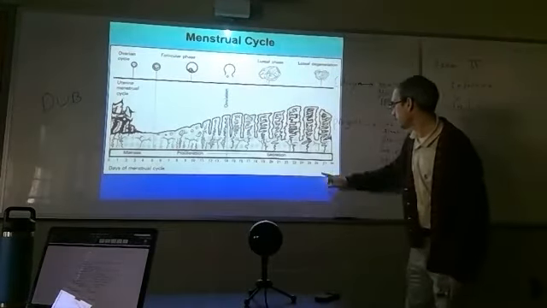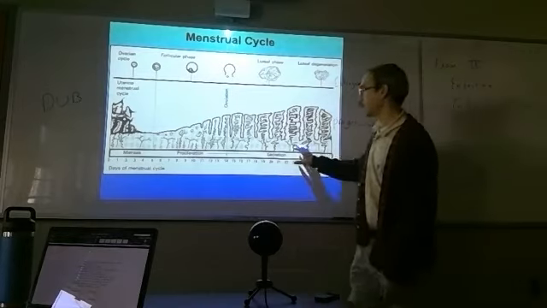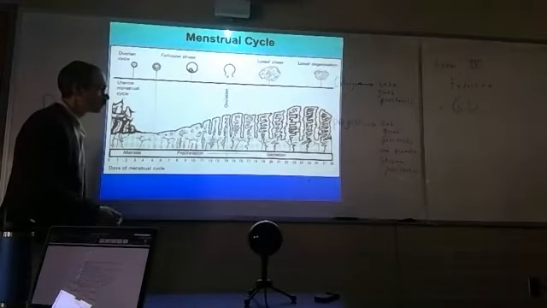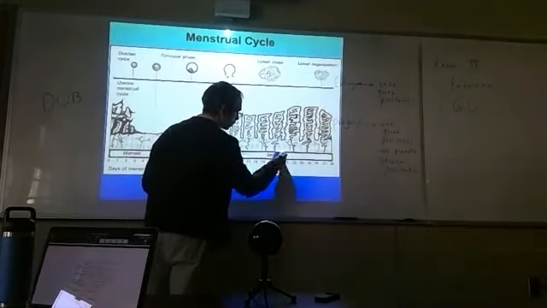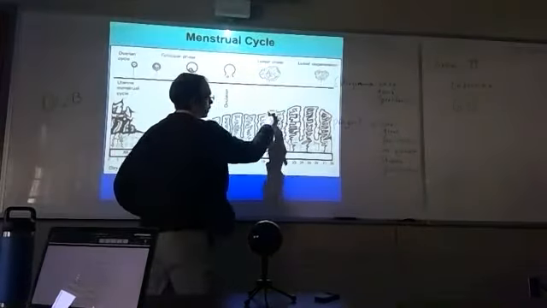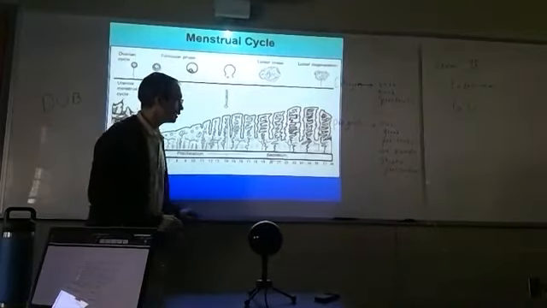If she's, for example, a 28-day period, we would want to time a biopsy of the endometrium such that we are biopsying it during the secretory phase. Take a piece of this endometrium when she should be in the secretory phase.